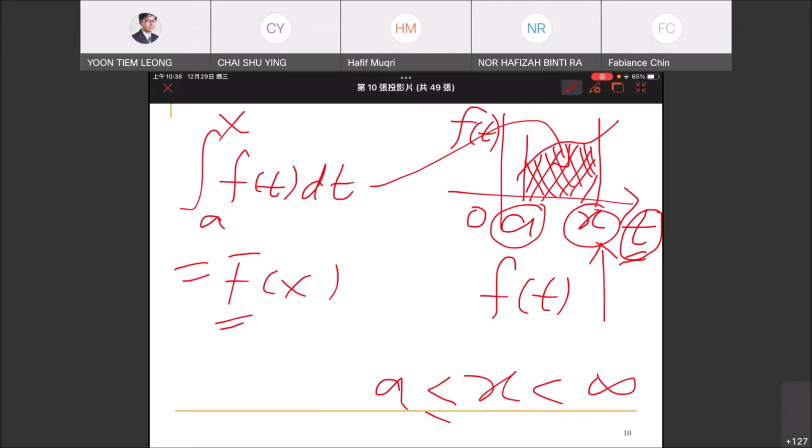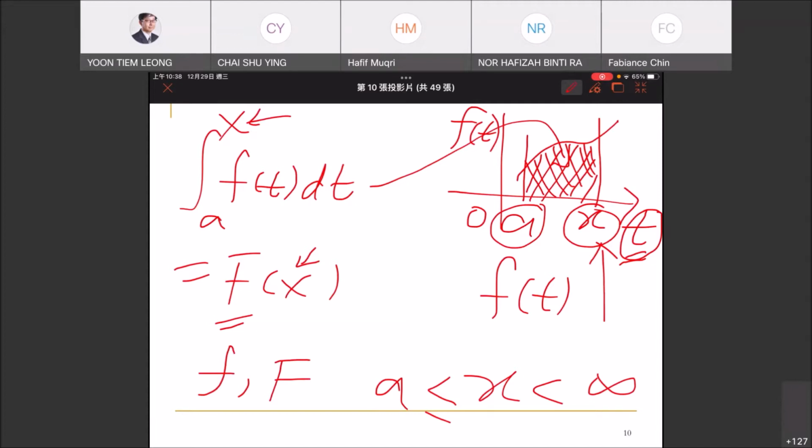Here x is an independent variable which I can slide independently, and the area of the function f(t) then depends on the value of x. That is how I come up with this capital function F. So there's a small function f and a capital function F, so make sure that you make a distinction between them.